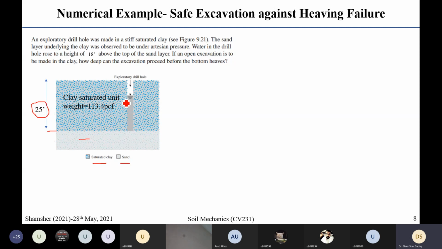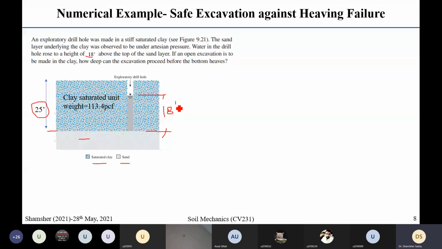When they drilled the borehole and left it, after steady state condition, they measured the level of the water in this borehole, and that is 18 feet. So it means the piezometer or the water head in the sand is 18 feet.